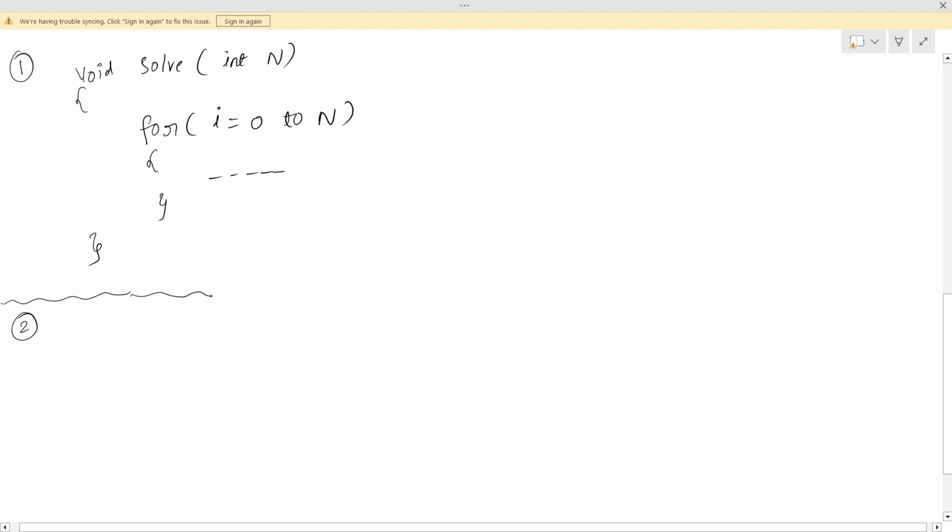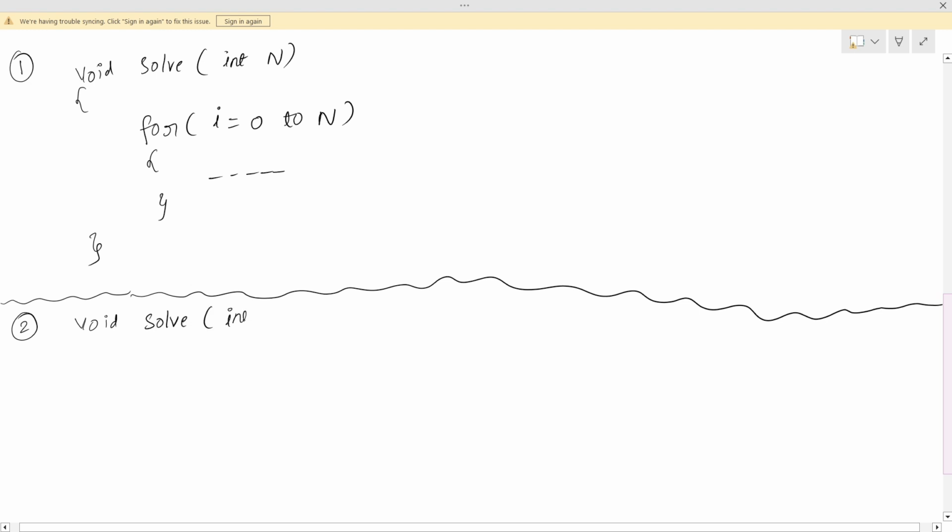Let me divide it. Let me write one more code which is the same, like solve function having an integer value n. Here I'm keeping 2 for loops, for i is equal to 0 to n, and for j is equal to 0 to n. Hope you know these for loops, right? In programming we basically write something like this.